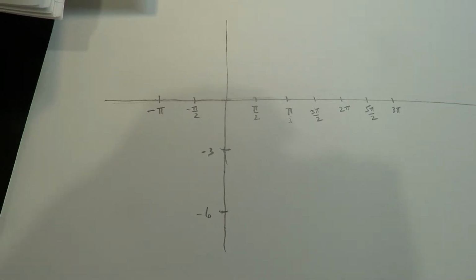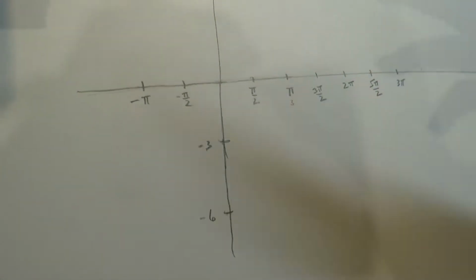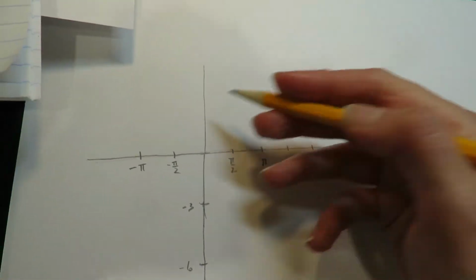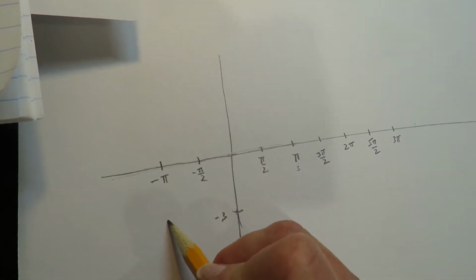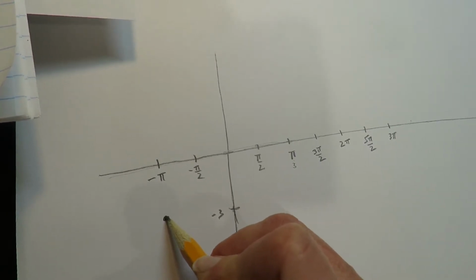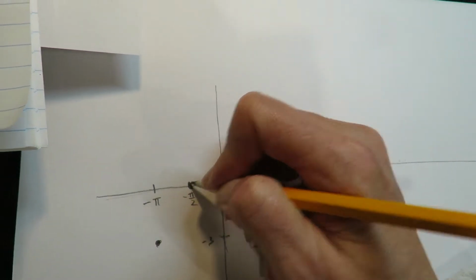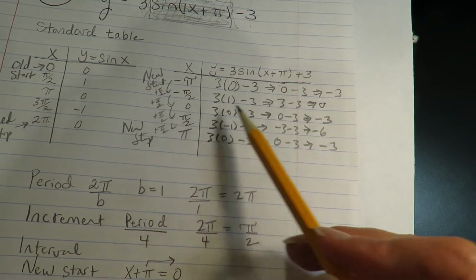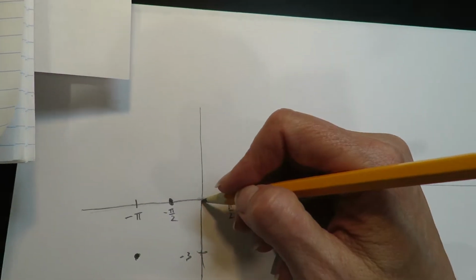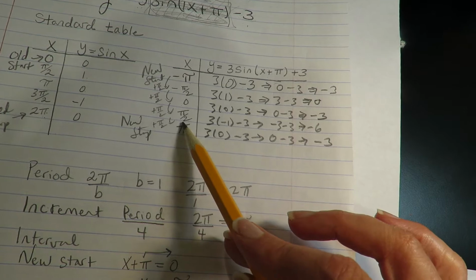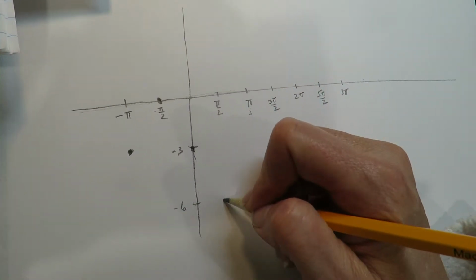Okay, all right, so now let me put the points on. So my points, you're gonna see me run through these. So negative pi, negative 3. Negative pi over 2, 0. 0, negative 3. Pi over 2, negative 6.